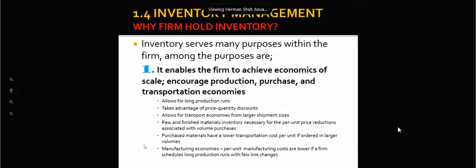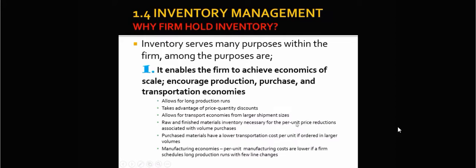And purchase materials have a lower transportation cost per unit if ordered in larger volume. Okay, barang-barang yang kita nak beli ni tadi, okay, bila kita transportkan dia dalam situasi yang banyak ni, alright, jadi dia punya cost per unit yang kita pesan ni akan jadi rendah lah dia punya cost untuk dia punya transport.